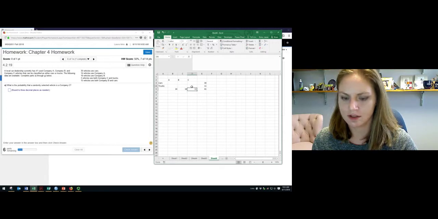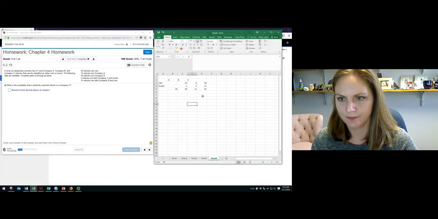So C, trucks, this is 3. So I know this has got to be 8. And 15 vehicles are both company B and cars. So this is 15. This is 1. And we know that this has got to be 7. And this is going to be 7. Okay.